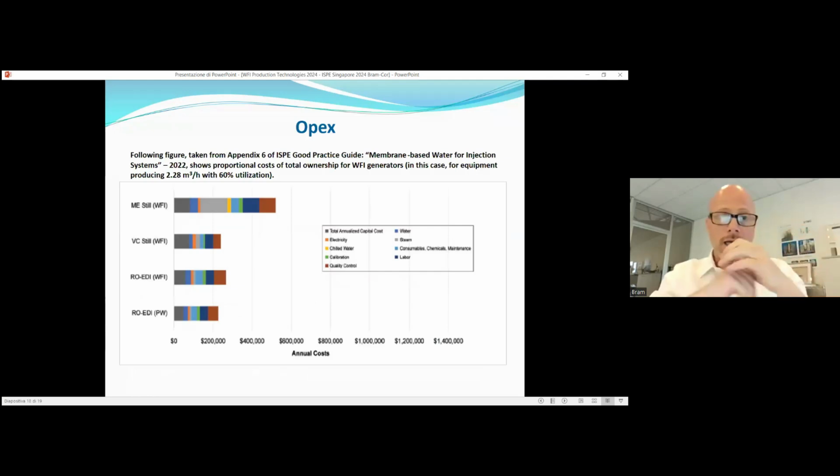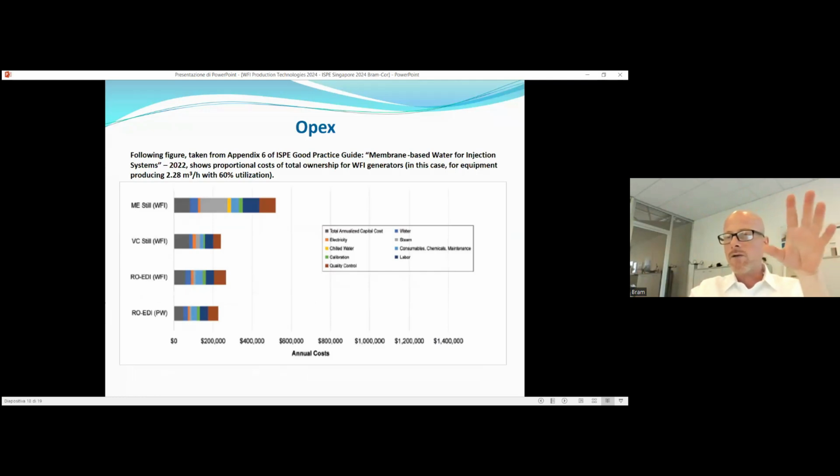This is a picture taken from ISPE Appendix 6 that shows in a more important and complete way the total ownership cost for WFI generation.